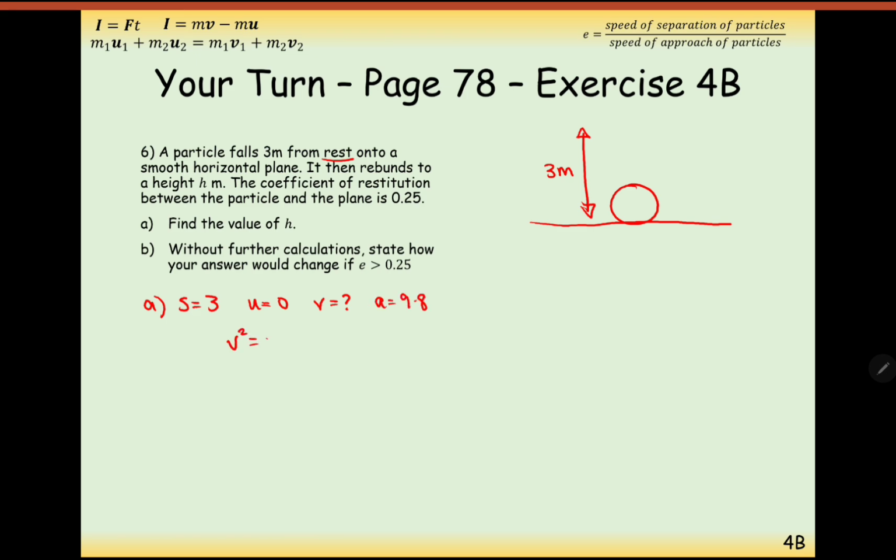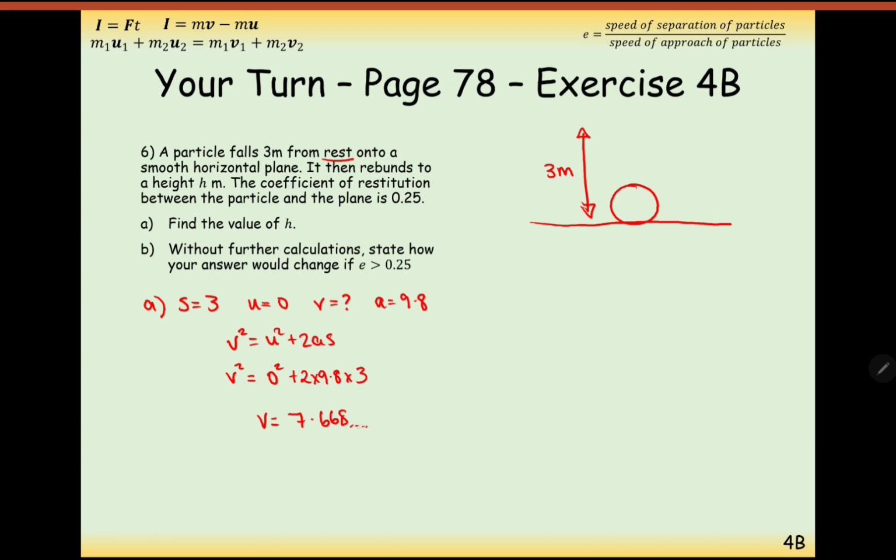We use the formula V squared equals U squared plus 2AS. V is what we want to find out, so we leave the letter in there. 0 squared, add 2 times 9.8 times 3. And I'm going to substitute that straight into the calculator and square root it. 2 times 9.8 times 3, square root answer, and I get 7.668 dot dot dot.